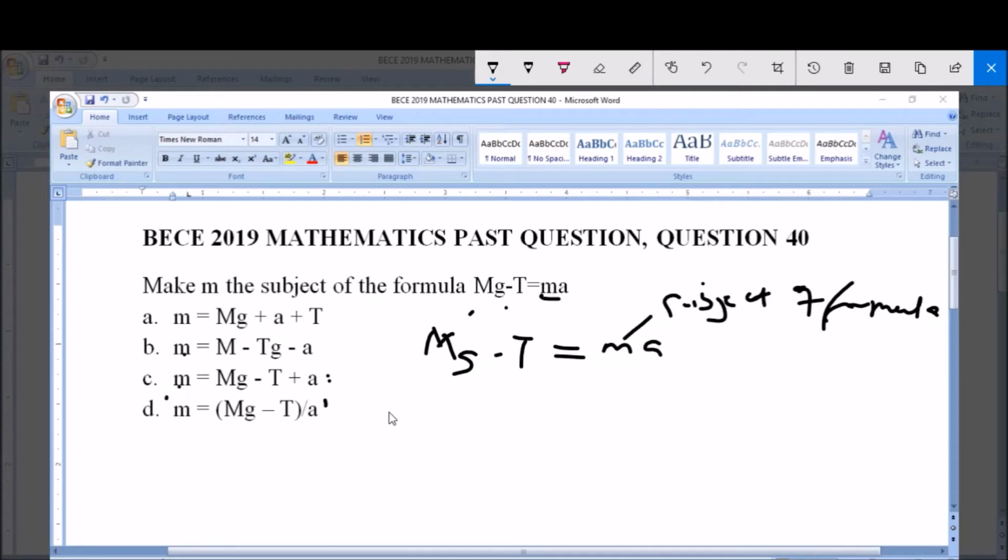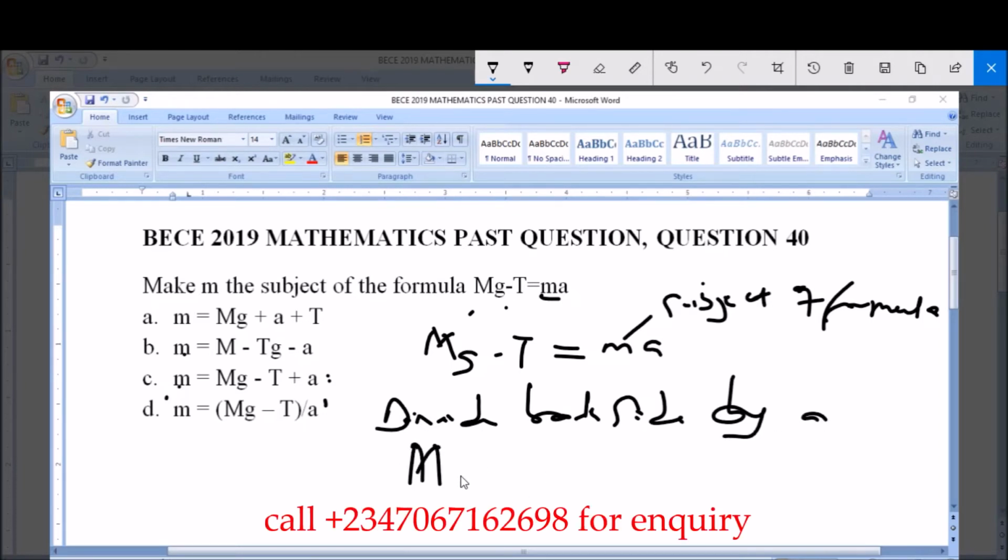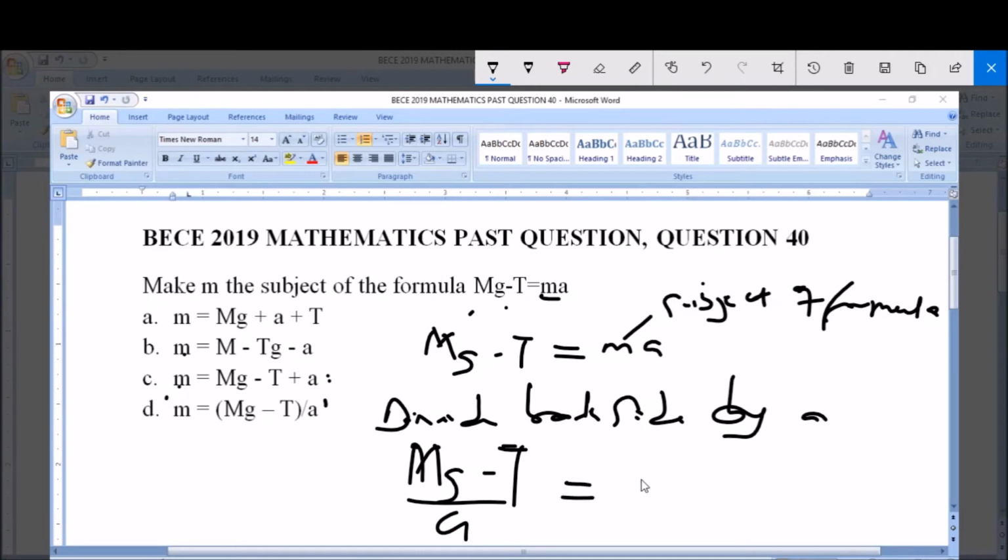Now, what I mean is by dividing both sides by A. So you have Mg minus T all over A is equal to Ma all over A. So this A, we cancel this A, therefore we have what?